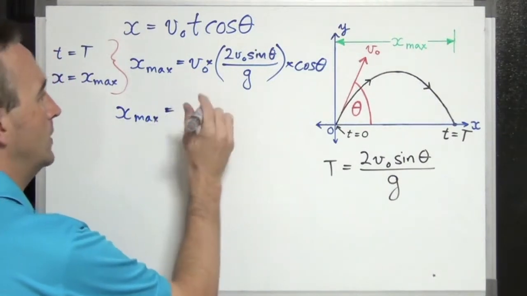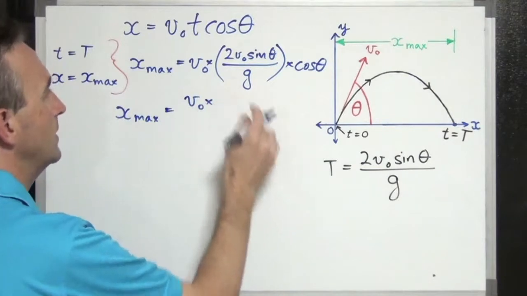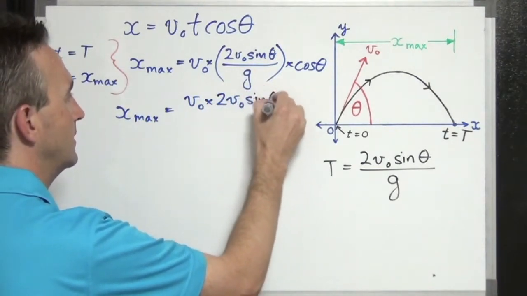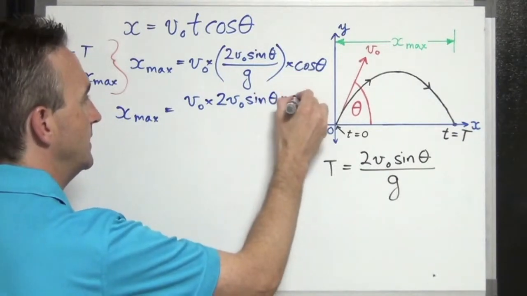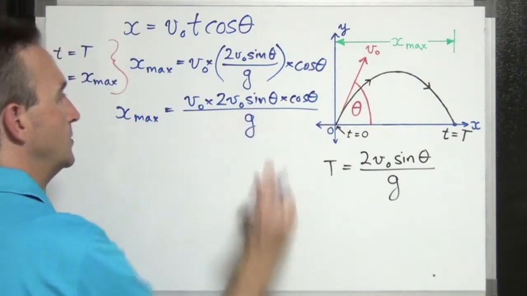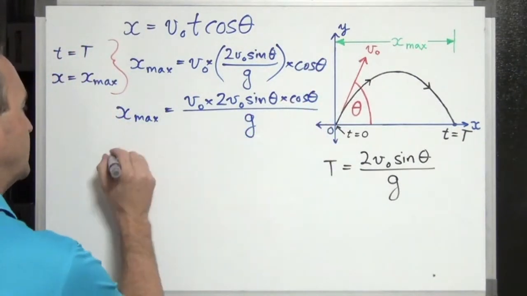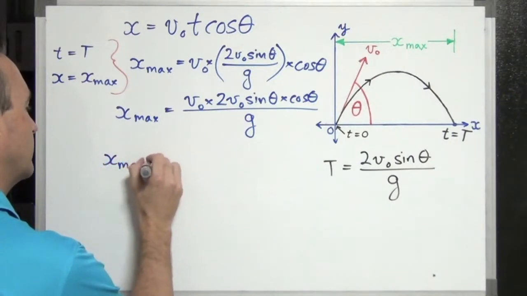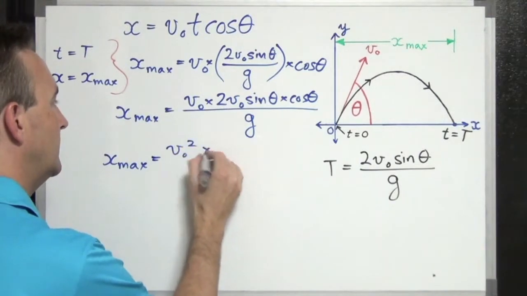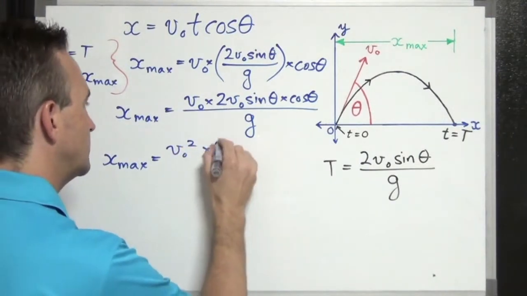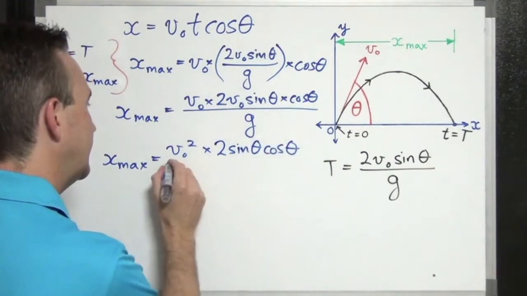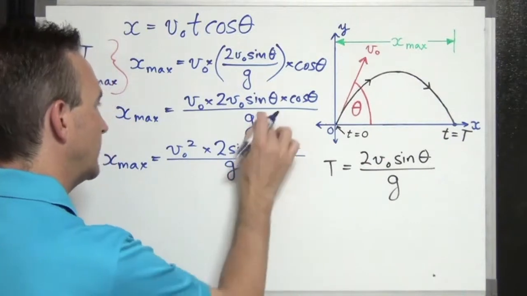So this is like v naught over 1, so v naught goes on top. 2v naught sine theta, and then times cos theta at the end. That's like a cos theta over 1, and on the bottom just goes g. Let's bring all this together a bit. So x max is going to be v0 times v0 as v0 squared, 2 sine theta cos theta, and again all over that g, which is still there.